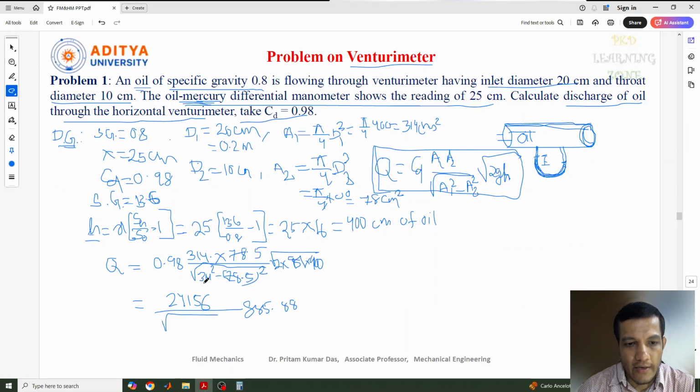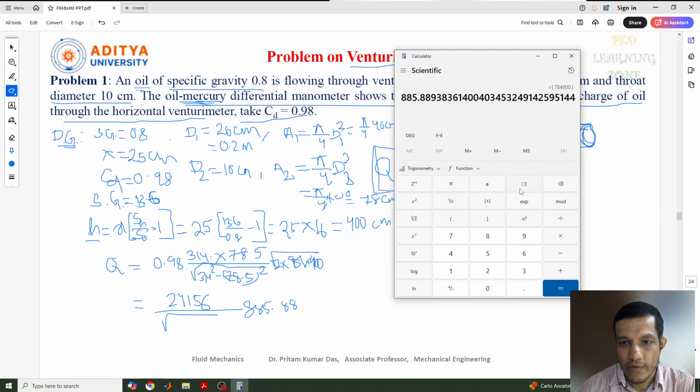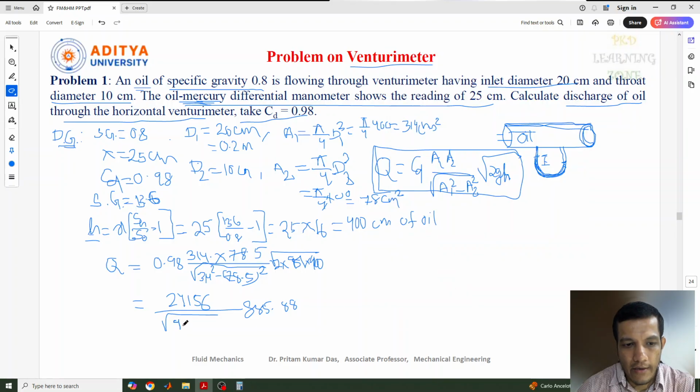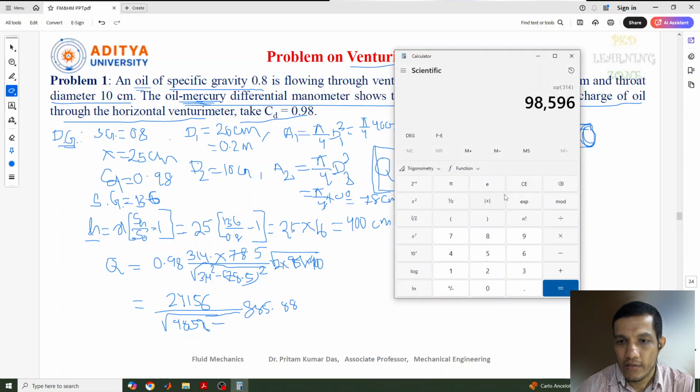Similarly here also we need to write the next one, that is 314 square, that is 98596. Minus this one, just multiply and subtract all the things that need to be done.